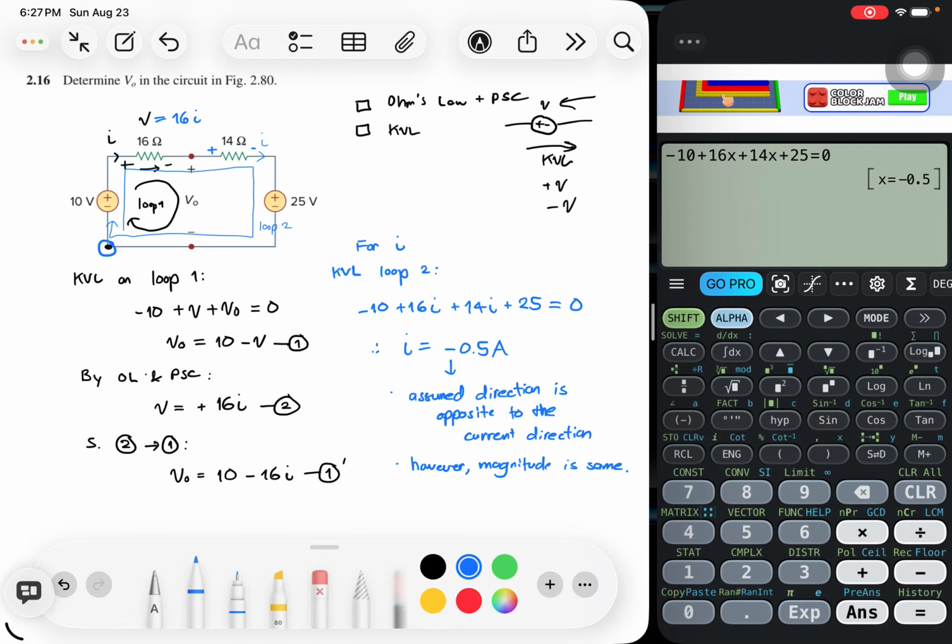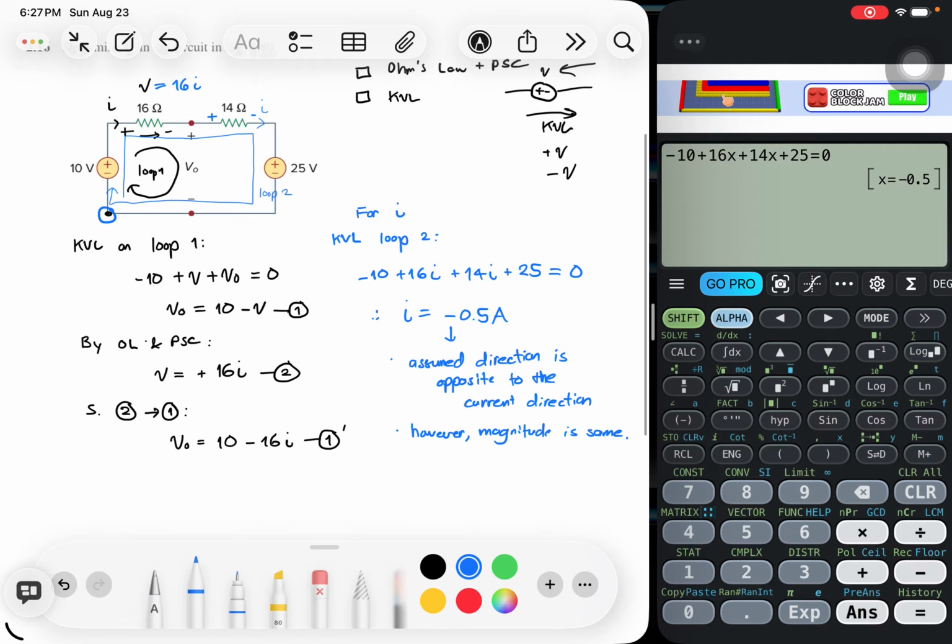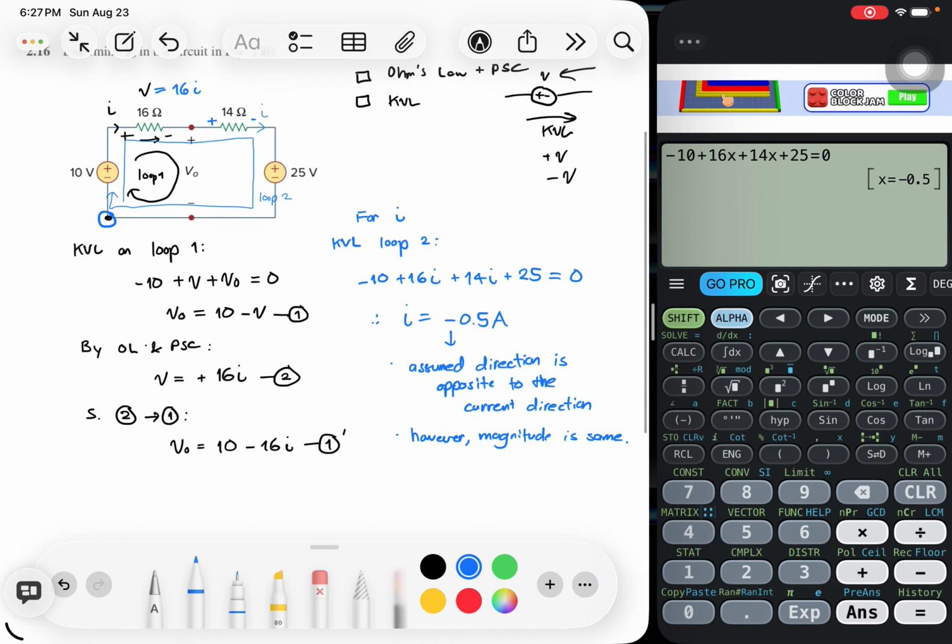Now that we have the current, negative 0.5 amperes, this doesn't mean that you should say, since I have a negative value, I must force it to be positive 0.5.